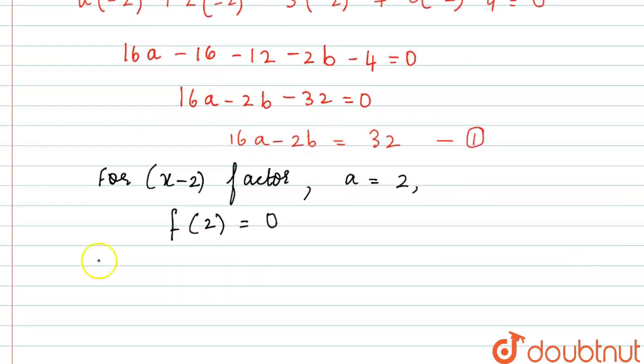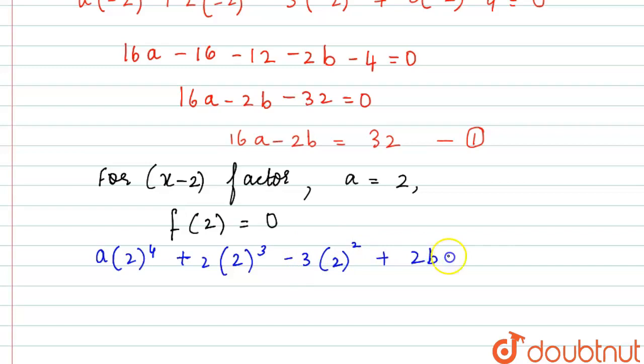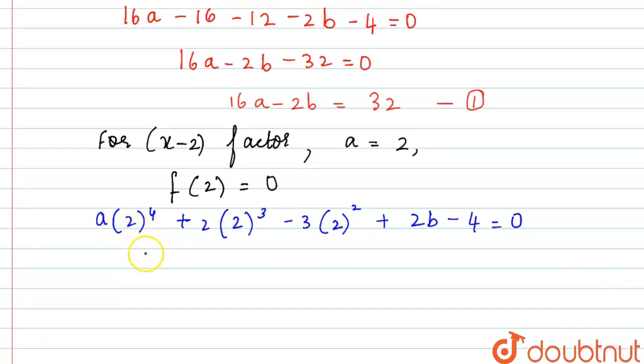So we'll get this as a into 2 power 4 plus 2 into 2 cube minus 3 into 2 square plus 2b minus 4 equal to 0. Here 2 power 4 is 16, so this will be 16a. Then here we have 2 cube is 8, 8 into 2 is 16. Then here 2 square is 4, 4 into minus 3 will be minus 12. Then plus 2b minus 4 equal to 0.